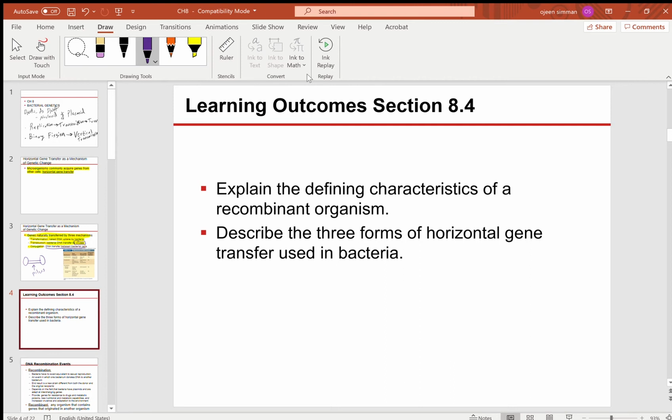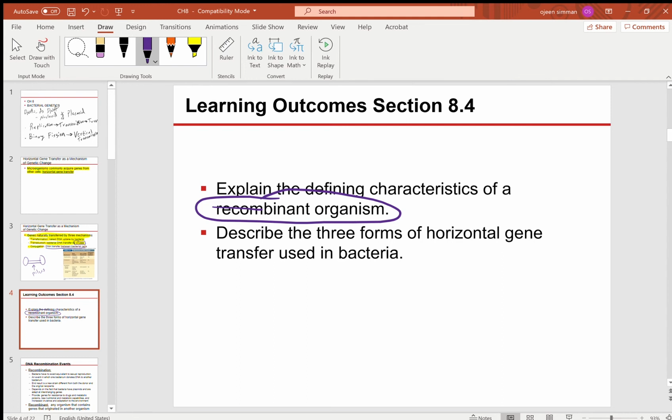Now, as a result of these gene transfers, bacteria acquire new phenotypic features, new characteristics that allow them to become, for example, more resistant. For example, bacteria can acquire genes that allow them to become resistant to antibiotic treatments.